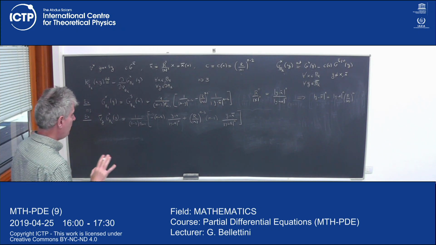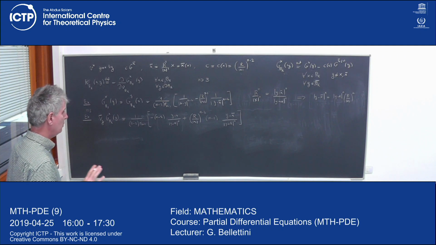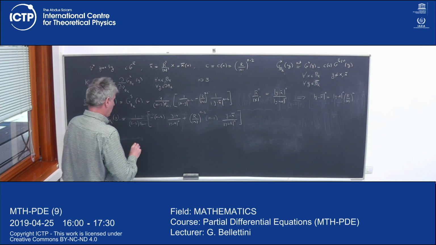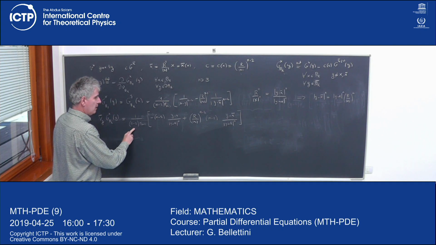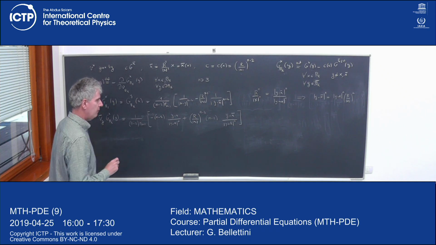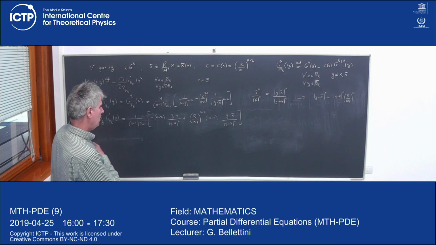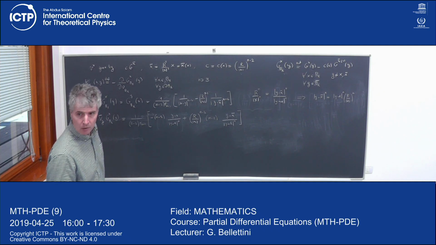Please check, because if I make mistakes then I don't converge at all. First of all, I can divide by n minus 2 everything here. Here there is a minus, and we have to be sure about this sign. So there is a minus, I think it's correct, and also another minus, and minus and minus is plus. Should be correct, no?